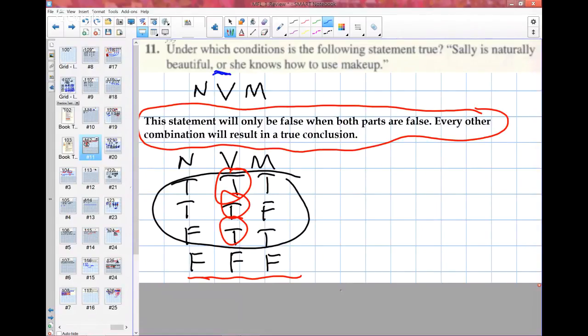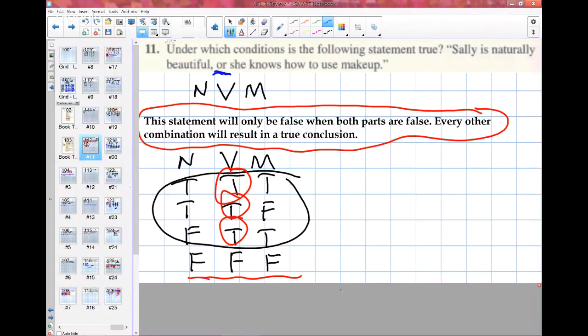When will that be true? So what they're asking you is, when is an or true? And you know how the rule goes. It's only false when both are false. So basically, 3 out of the 4 scenarios will be true. Because it's an inclusive or, and the rule for that is only false when both are false, that fits here too.